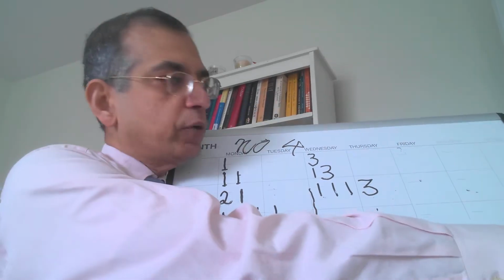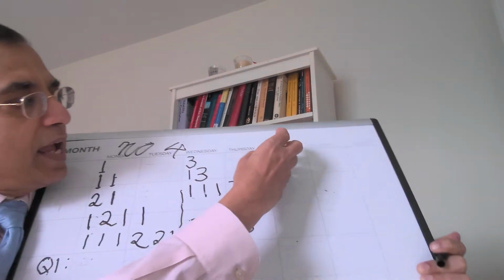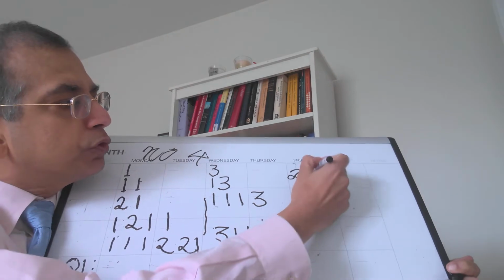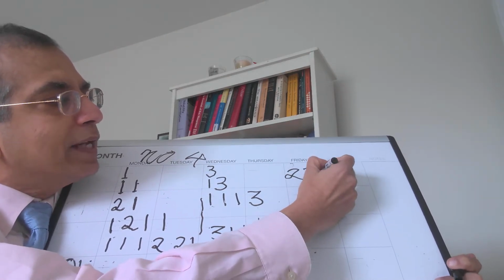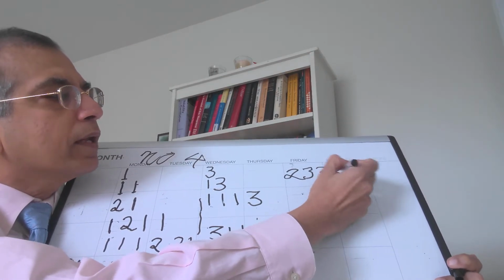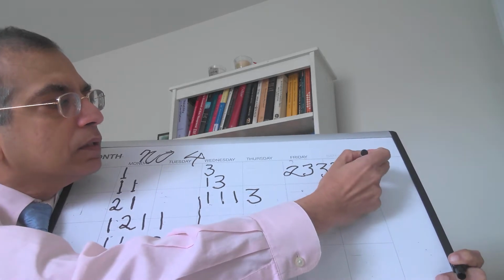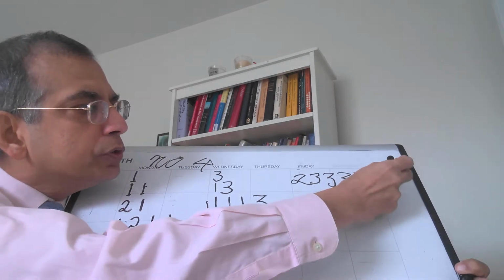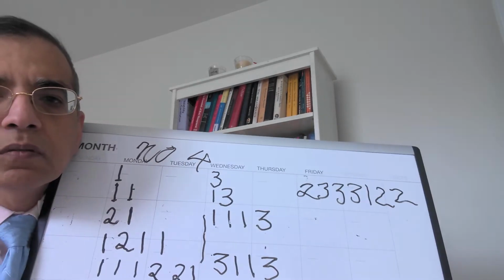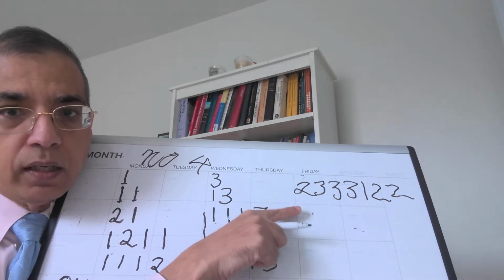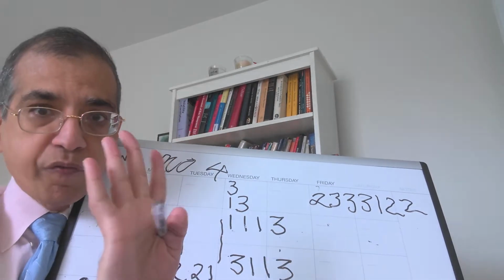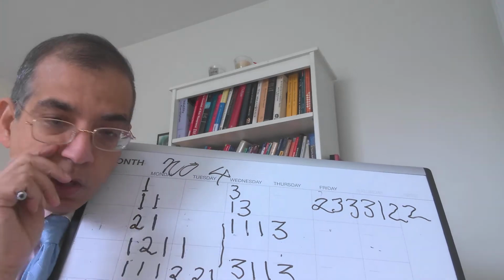Start with various sequences. You can start with, say, 2, 3, 3, 3, 1, 2, 2. Now, this obeys the starting rule that there are no 4 consecutive numerals of any kind.